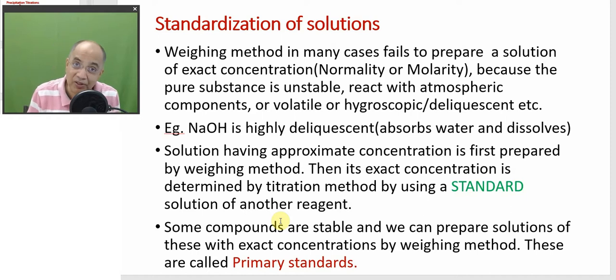That means such a solute is very stable, doesn't absorb water, doesn't show any deliquescence or hygroscopic property, nor is it unstable or reacts with any component of the atmosphere, so it's very stable. Such compounds are called primary standards. Let me read out. Some compounds are stable and we can prepare solutions of these with exact concentrations by weighing method. These are called primary standards, right?